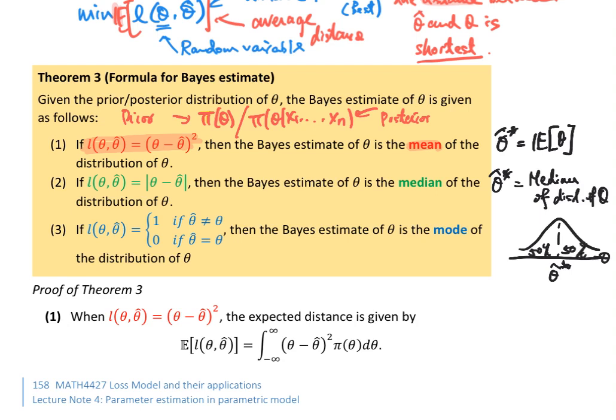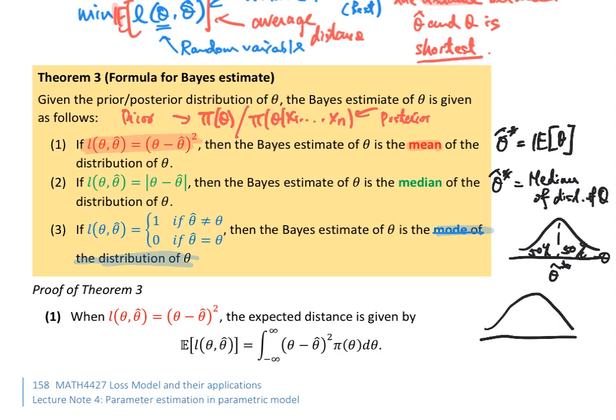And then the third one: if you consider the 0-1 distance, then the Bayes estimate will be what we call the mode of the distribution of theta. Remember what is the mode. The mode is just a single number which has the highest density.